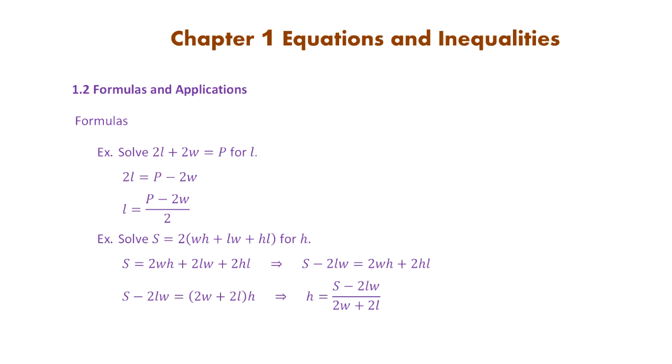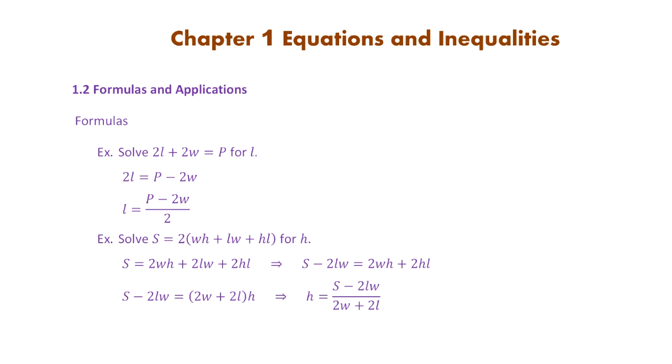And the way to do it is always similar to solving other equations with numbers. You just separate the variable you want to solve on one side. For example, you can separate the 2L on the left by subtracting 2W on both sides, or move 2W to the right. So it becomes 2L equals P minus 2W.